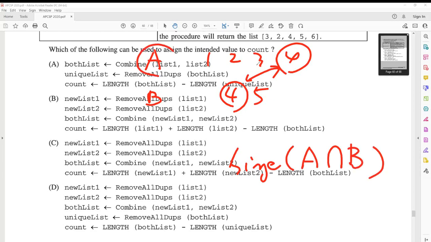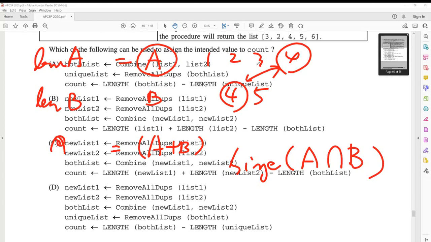So we should remove the duplicates from A. That is the length of A without duplication, and then the length of B without duplication. And then you combine A and B but remove the duplicates. That is the union size.